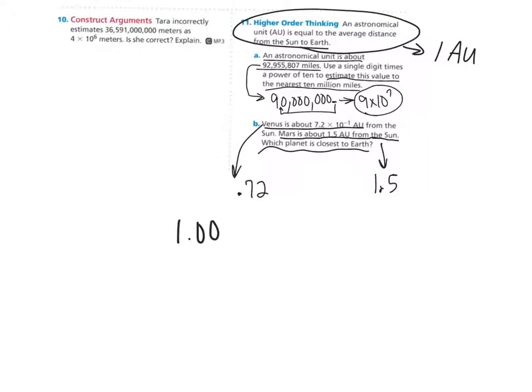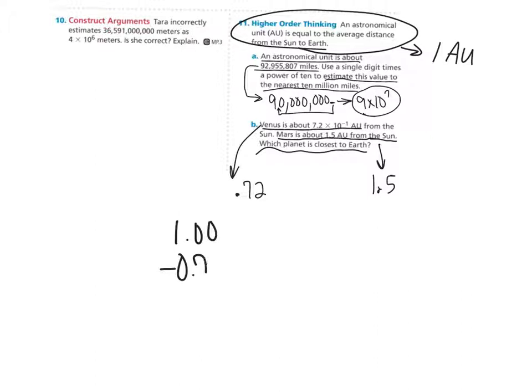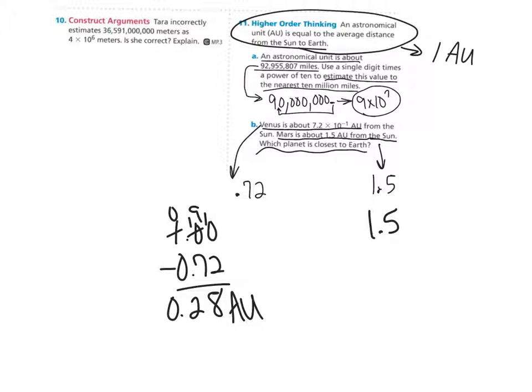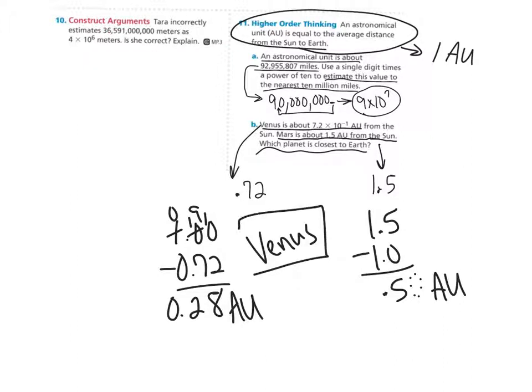So if we have 1 minus 72 hundredths, see what that difference is, which would be 28 hundredths AU, and the other one would be 5/10, or if you want to add a 0 on that, 50 hundredths. So you can see that 28 hundredths is less than 50 hundredths, so that means Venus is actually closer to the Earth than Mars is.